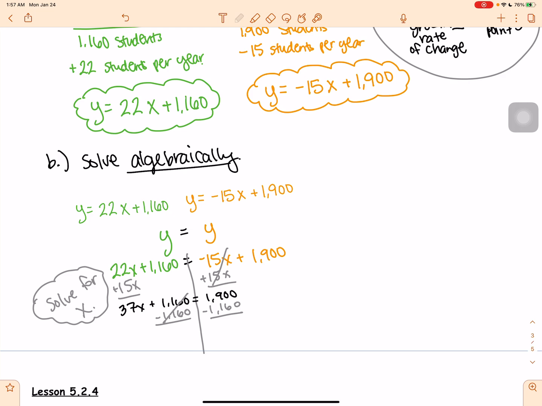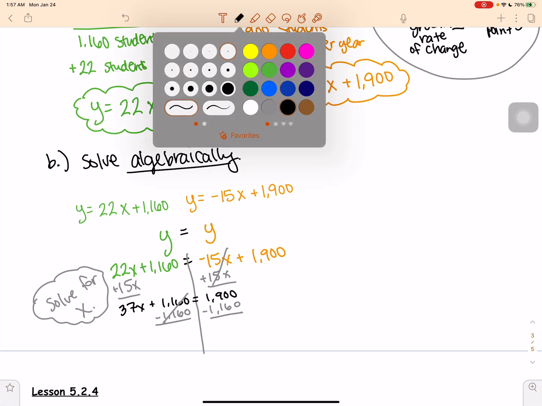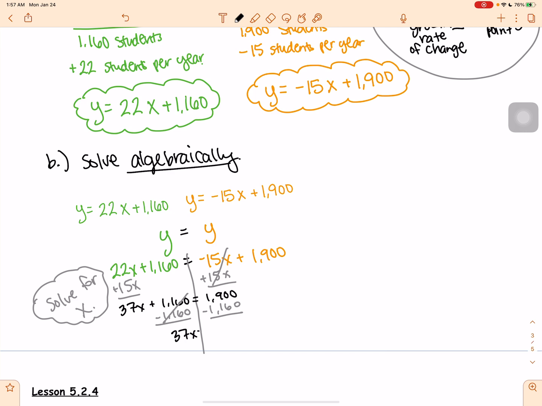Make sure you're pausing if this is going too fast for you. 37x equals 740. So divide both sides by 37. And you should get, I believe, 20.